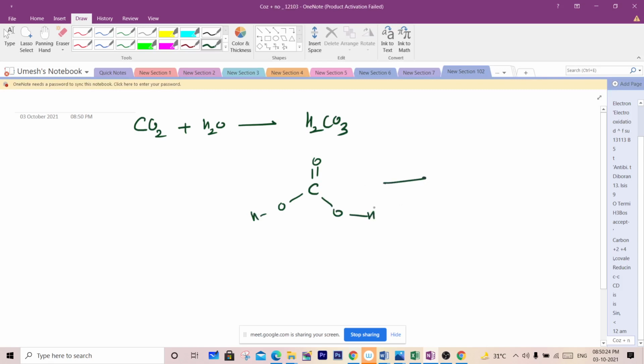And if it loses the H positive ion, you can find that the lone pair on the oxygen is in conjugation with the oxygen, and they form a resonance-stabilized structure.